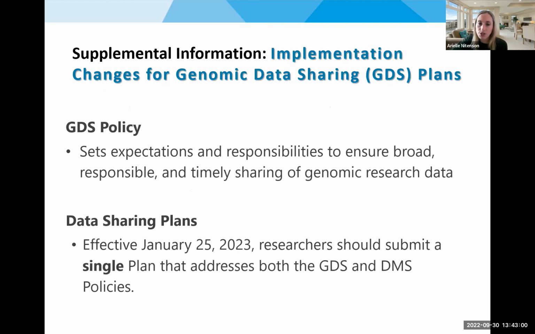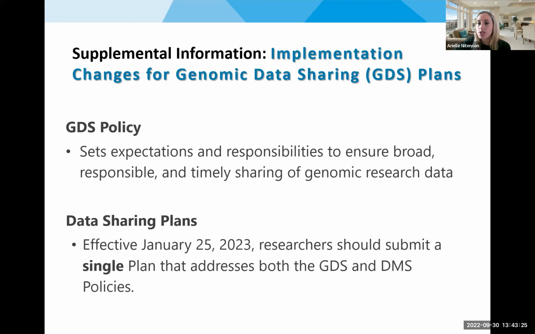The final supplemental information document describes implementation changes for genomic data sharing, or GDS, plans included with applications due on or after January 25th, 2023. First, let's explain the GDS policy. The GDS policy sets expectations and responsibilities to ensure broad, responsible, and timely sharing of genomic research data.